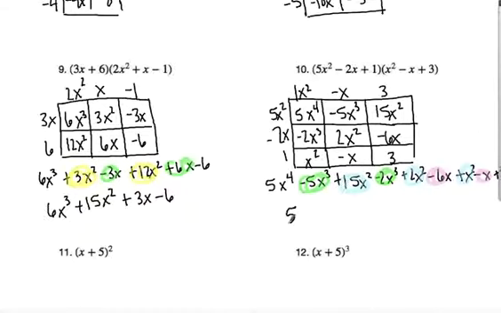So your final answer will be 5x to the 4th minus 7x cubed plus 16x squared minus 7x plus 3. Actually, that's going to be 18x squared. 15x squared plus 2x squared is 17x squared plus 1x squared is 18x squared.